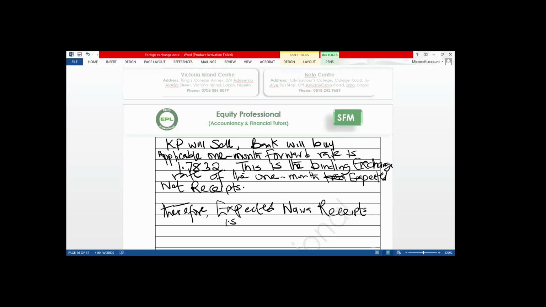The next question to be answered is, are you going to multiply or are you going to divide? Please note, if you are given an indirect quote and you want to convert foreign currency to domestic currency, then you are going to divide. Like this case we have here.